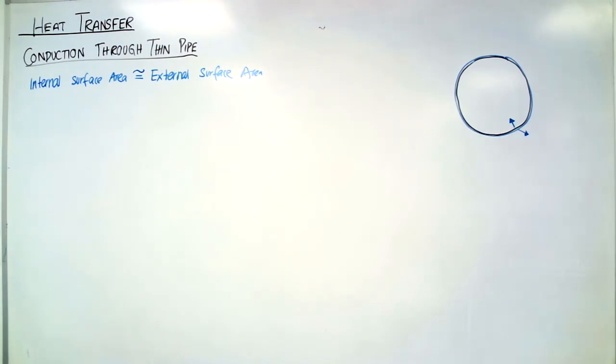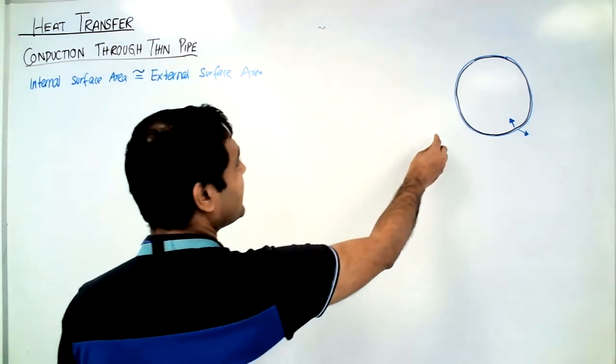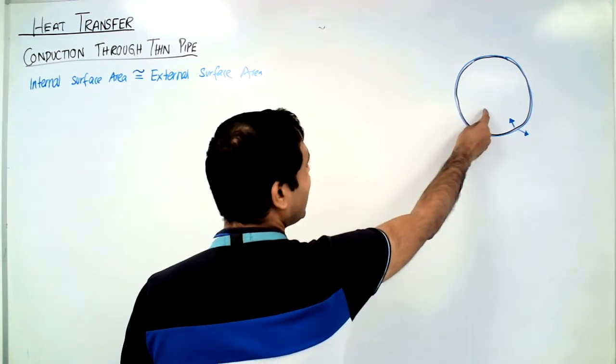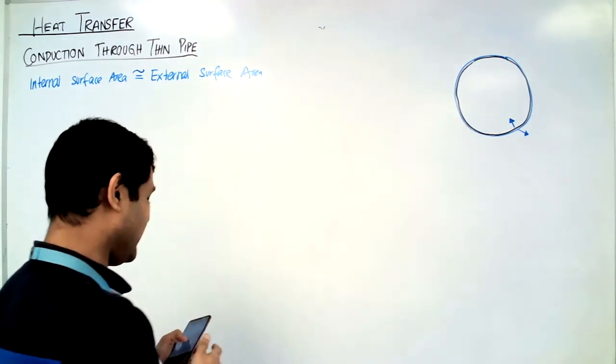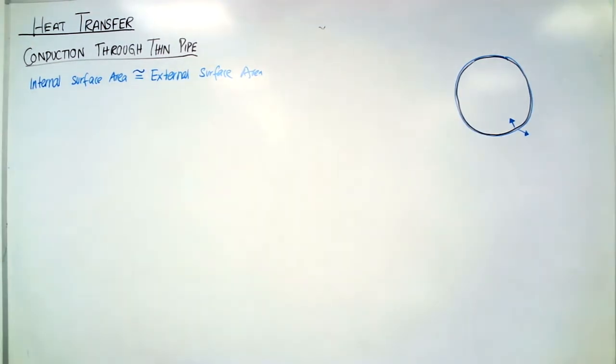They're not, but we make that assumption, because then we don't have to worry about finding the thickness and so on. So the heat transferred from here is the same as the heat transferred the other way. This is the important assumption.